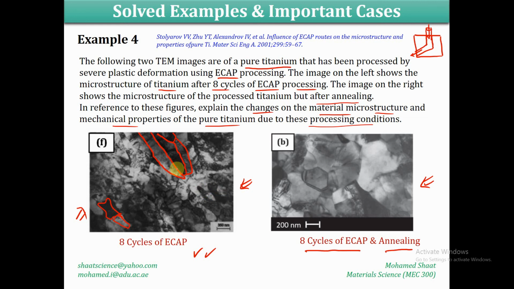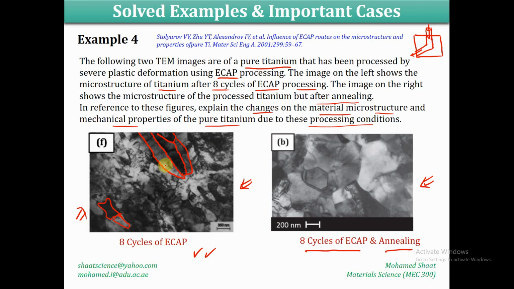If, for example, you compare this grain to the next one, this is very dark, this is kind of white. So this indicates that this dark grain is filled with dislocations. There are lots of dislocations overlapping inside this single grain, which is seen as a dark grain.